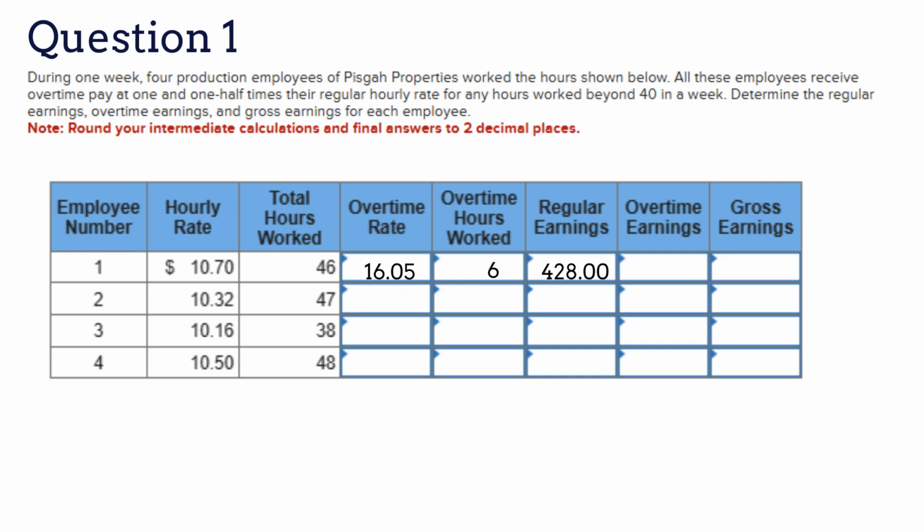Then, we calculate the overtime earnings by multiplying the number of overtime hours times the overtime rate. So, $16.05 per overtime hour times 6 overtime hours, which is $96.30. When we add the regular earnings and the overtime earnings, we get gross earnings of $524.30.